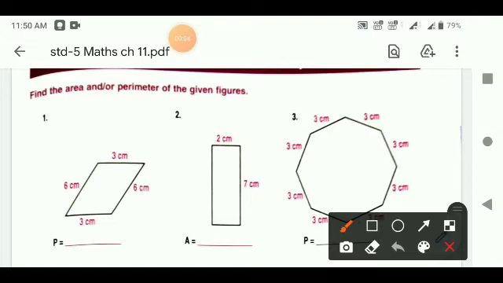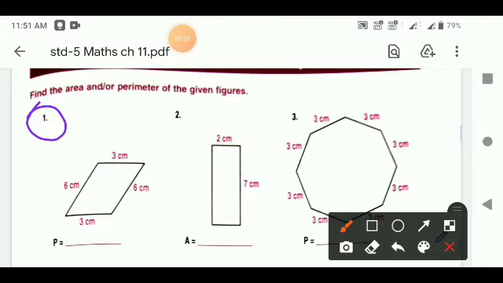from your workbook. Here the question is find the area and perimeter of the given figure. The first figure is given here. Length is 6 cm and width is 3 cm. So here we will find out perimeter and area both. First we will find out perimeter. Perimeter is equal to the sum of the sides.